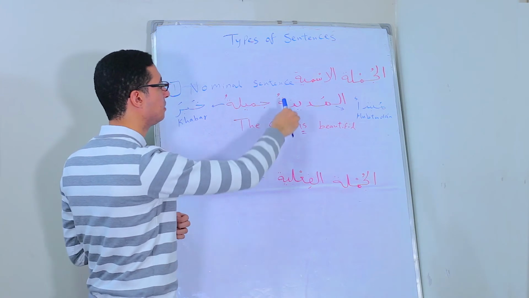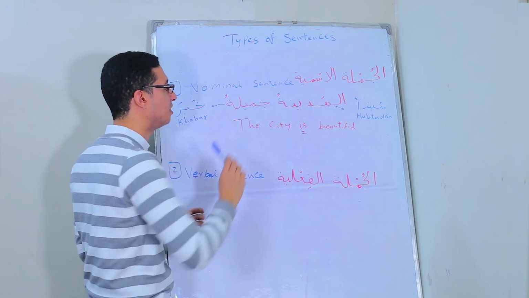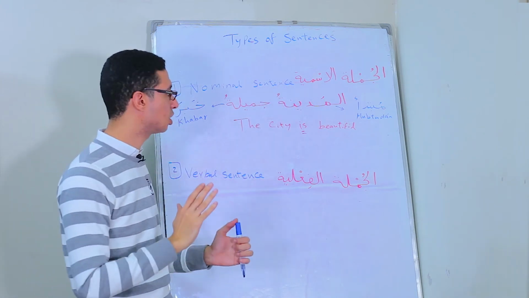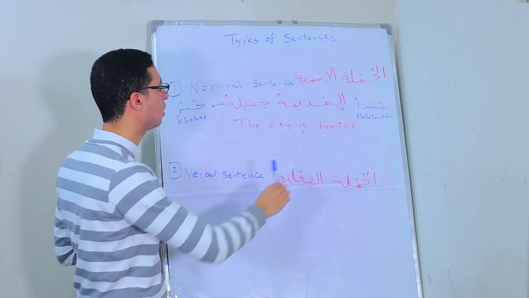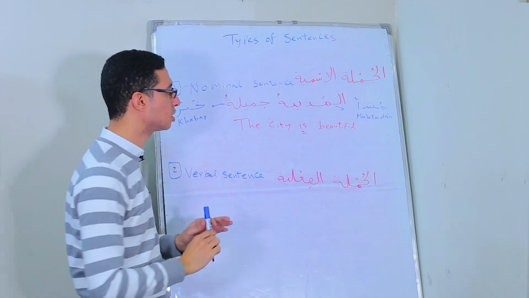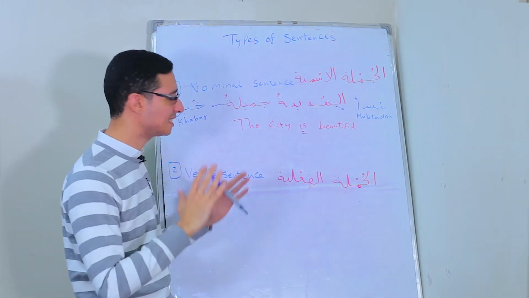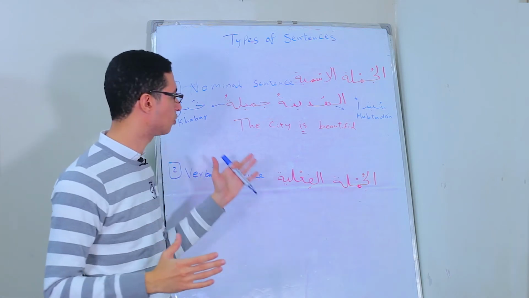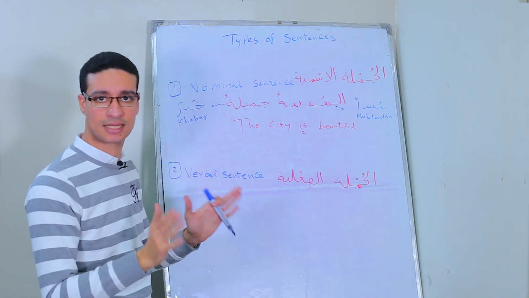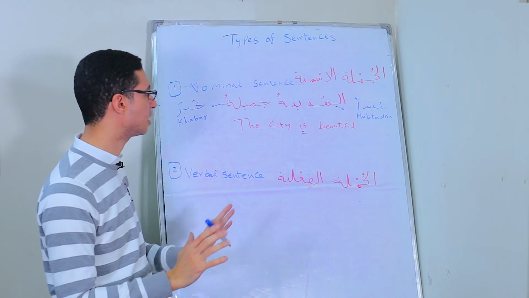Case system means the vowel at the end of the word is not fixed. It changes according to the position of the word in the phrase. Okay, but this is not important, and even some native speakers make mistakes with this case system. So we don't care about this now.